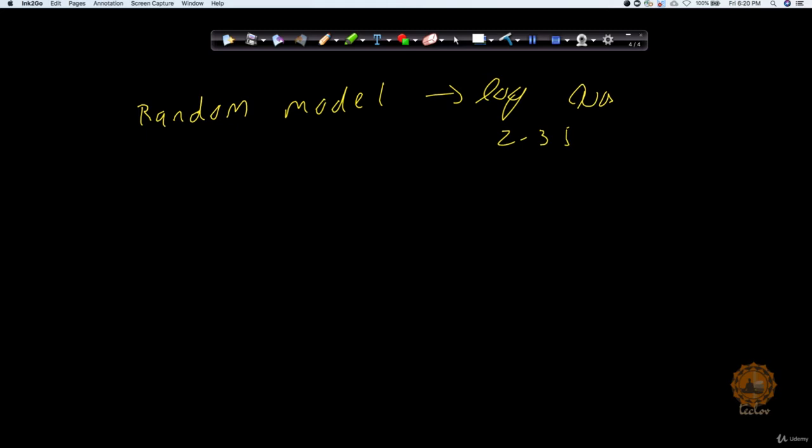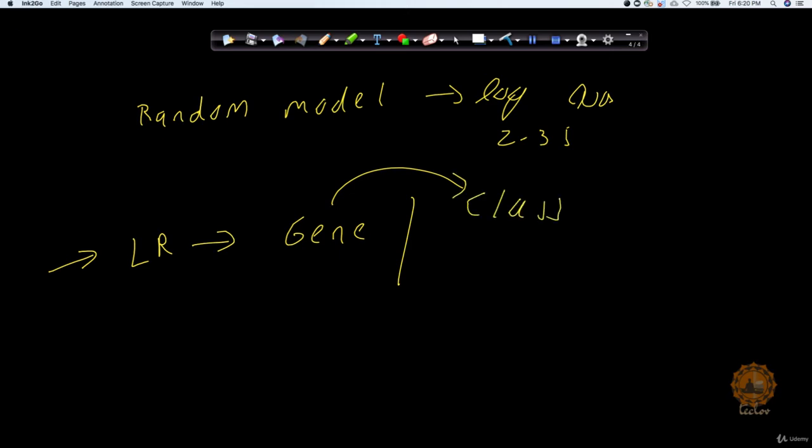Now, in this case, we will create a very simple, maybe logistic regression model, okay? And I'm going to build it assuming that I only have one column with us, and that is called gene, and we are trying to predict my classes from it. So it's a simple model which we're going to create.